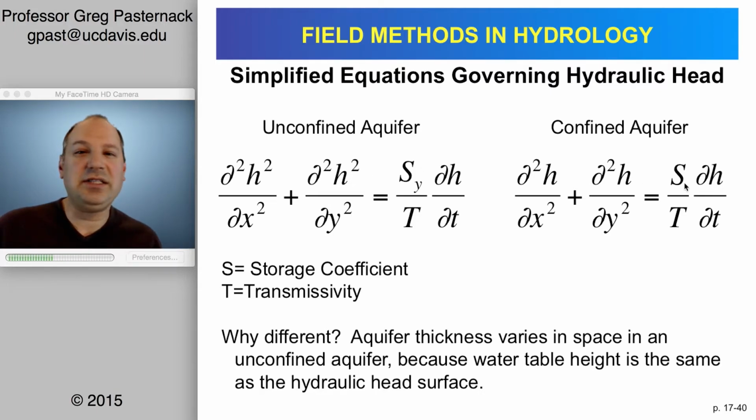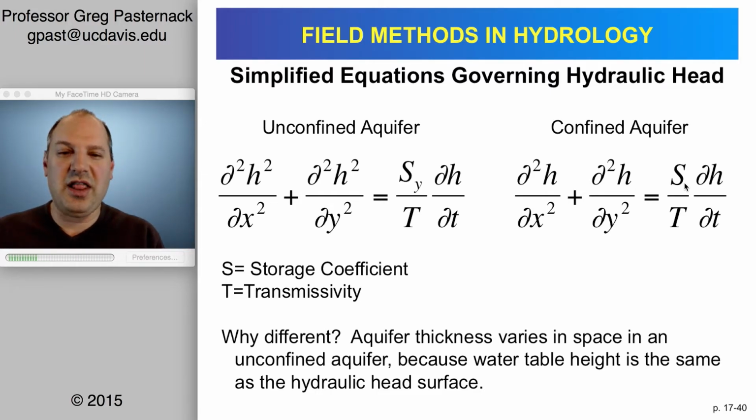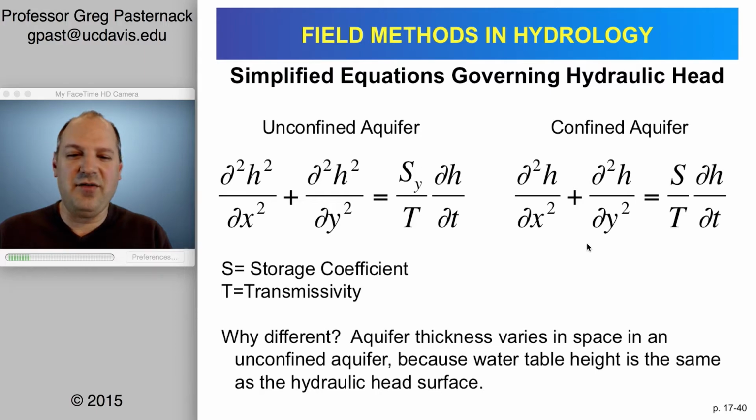So that's all I want to say. If that doesn't sound very satisfying, then my advice is to take the full groundwater class and have the joy of solving for these equations, which really isn't that hard of a derivation, but it's just something you'd have to go through. And as graduate students, that's definitely something that you should see.